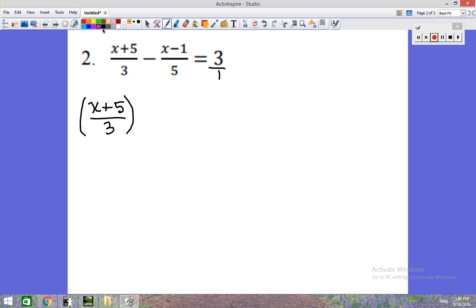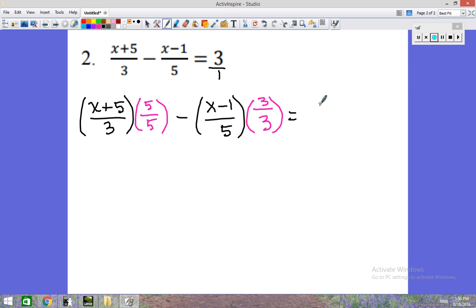So this one is missing a factor of 5, so 5 divided by 5 is 1. Now this other term, x minus 1 over 5, is missing a factor of 3 in the denominator, so we multiply it by 3 over 3.